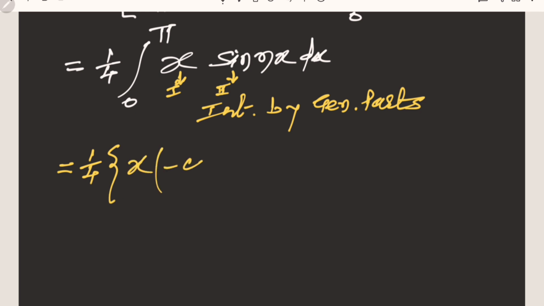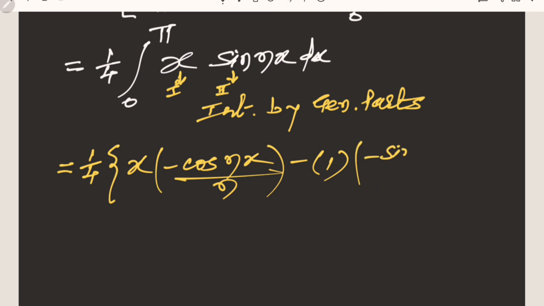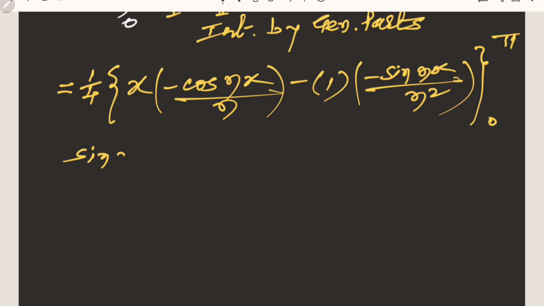First term x, integration of sin is -cos(nx)/n, then minus, a derivative of x is 1, and next integration of cos is sin, but with that minus sign, therefore it becomes -sin(nx)/n². Next derivative 0, we stop here, limit from 0 to π.